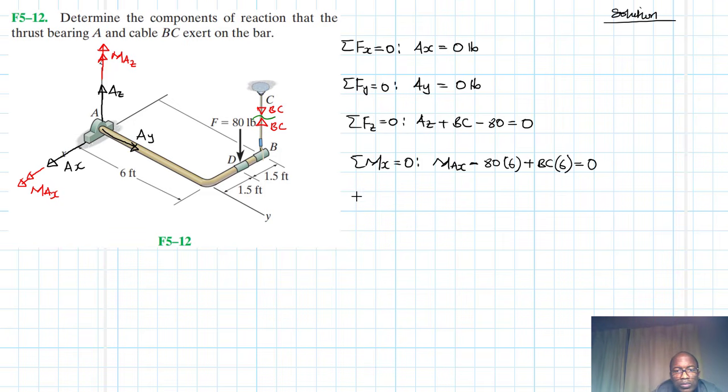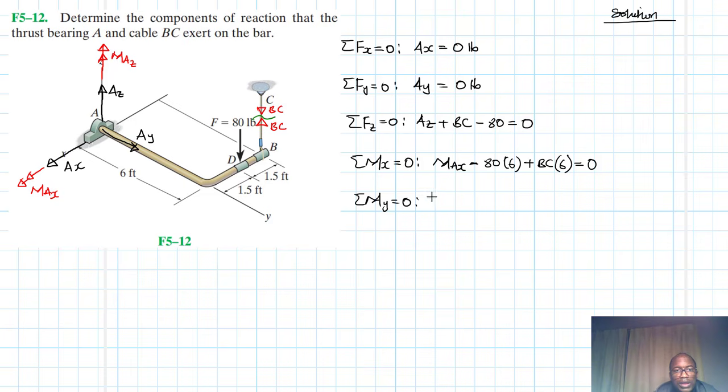Alright, so let's move to the summation of moments about the y-axis equal to 0. What do we have? About the y-axis, AY will not cause any moment because it is parallel. AZ and AX have their lever arms equal to 0. Therefore, the only forces that will cause a moment about the y-axis are AT and BC.